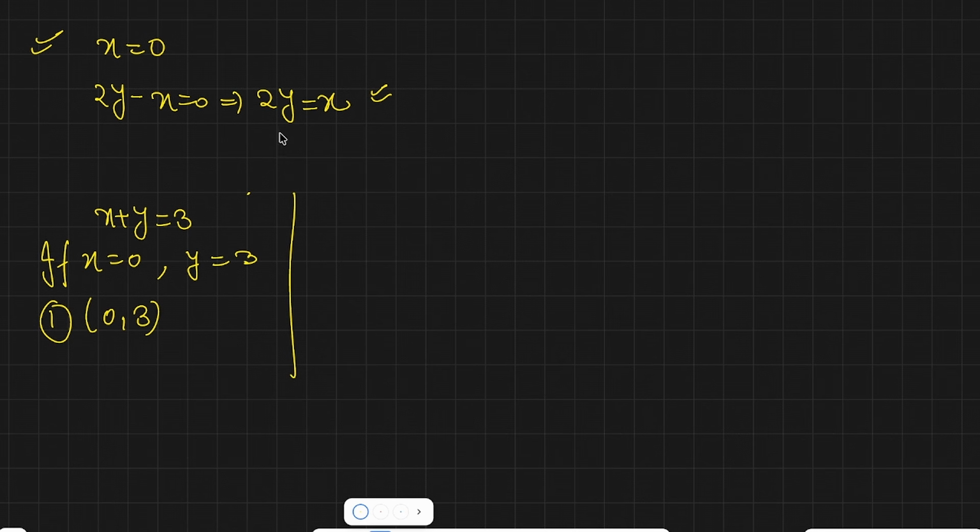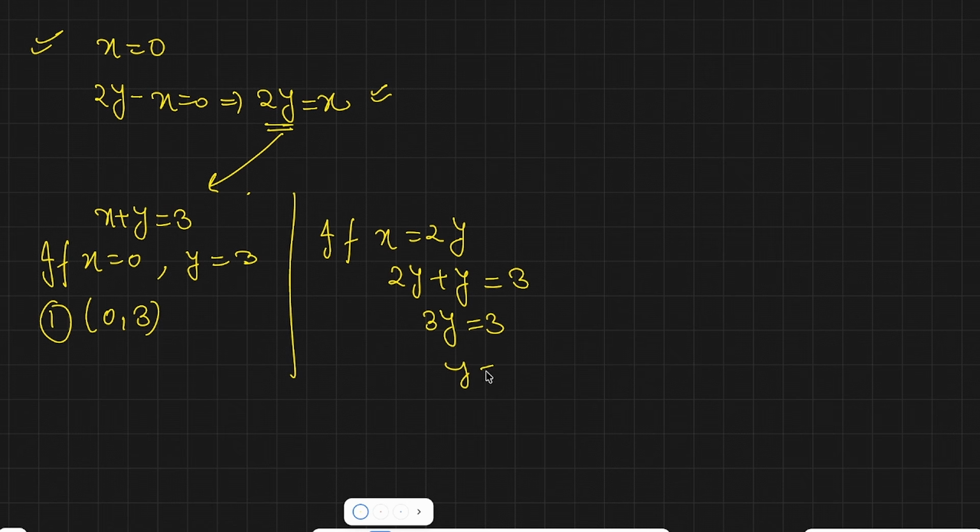If x is equal to 2y and I put it here, then 2y plus y is equal to 3, so 3y is equal to 3, then y is equal to 1. So when y is equal to 1, x is equal to 2, so (2, 1). So here I got two critical points, (0, 3) and (2, 1).